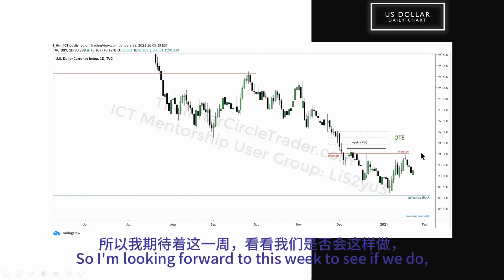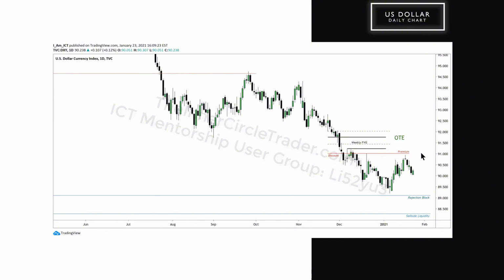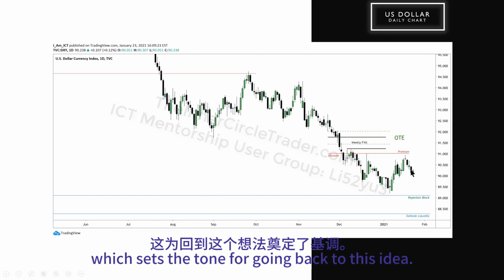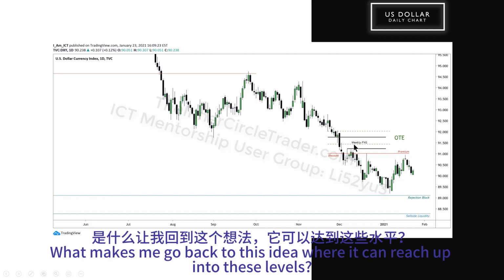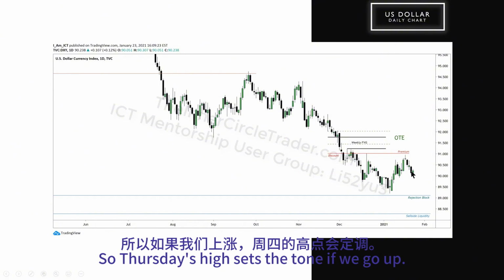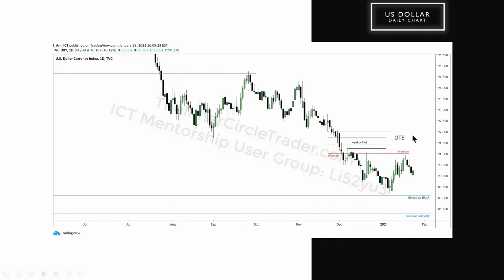So I'm looking forward to this week to see if we do in fact resist the idea of going above this short-term high, and near-term resistance to me, which sets the tone for going back to this idea. What makes me go back to this idea where it can reach up into these levels? We have to trade above Thursday's high. So Thursday's high sets the tone if we go up.